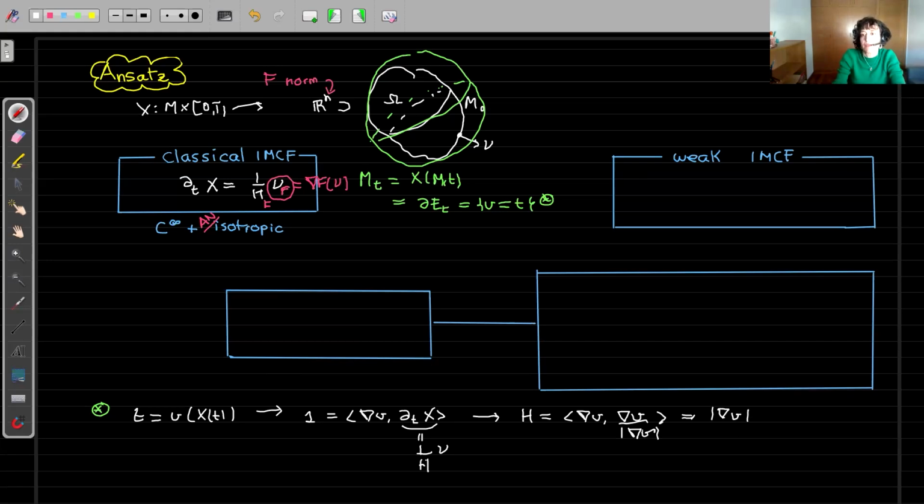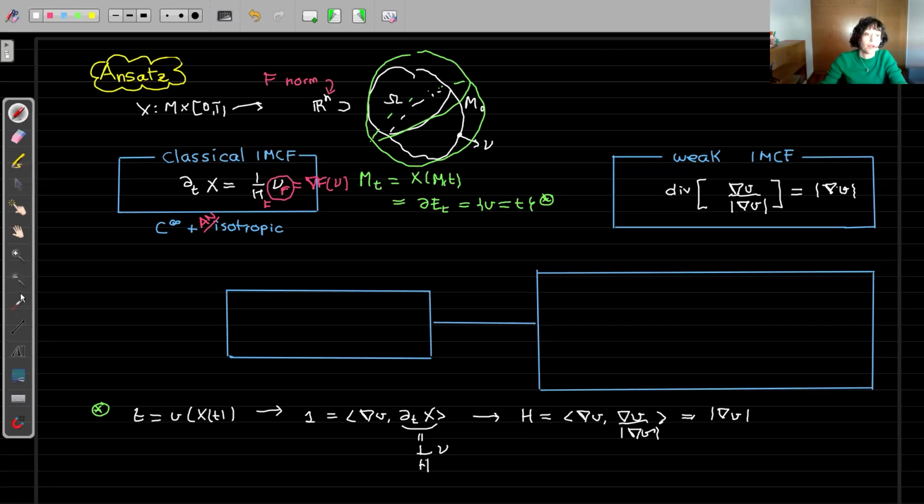Therefore, the weak inverse mean curvature flow translates to having the mean curvature H, that's the divergence of the normal, so that will be the divergence of gradient v divided by the norm of gradient v equal to the norm of gradient v. That's the PDE.